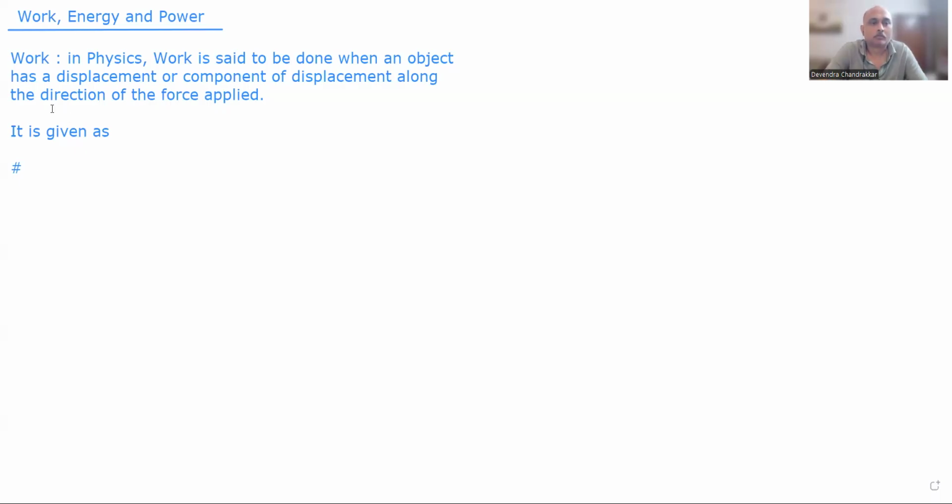So in physics, work is said to be done when an object has a displacement or component of displacement along the direction of the force applied. It is given as... it has two different aspects.